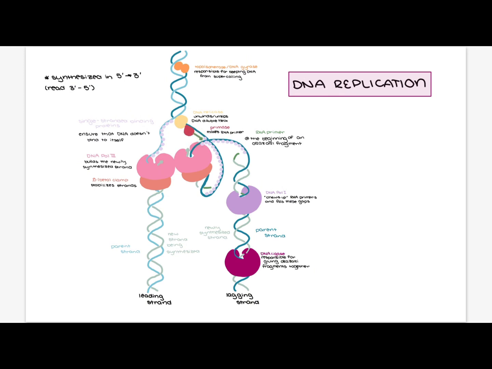Well, RNA primers are going to be really helpful for when we're looking at getting some other enzymes, like this purple DNA pol 1 and this dark, like burgundy color, which is DNA ligase. This primase, or the primer that comes from primase, is going to be really helpful in flagging down DNA pol 1 because there are differences in the way that the leading and lagging strands are synthesized.